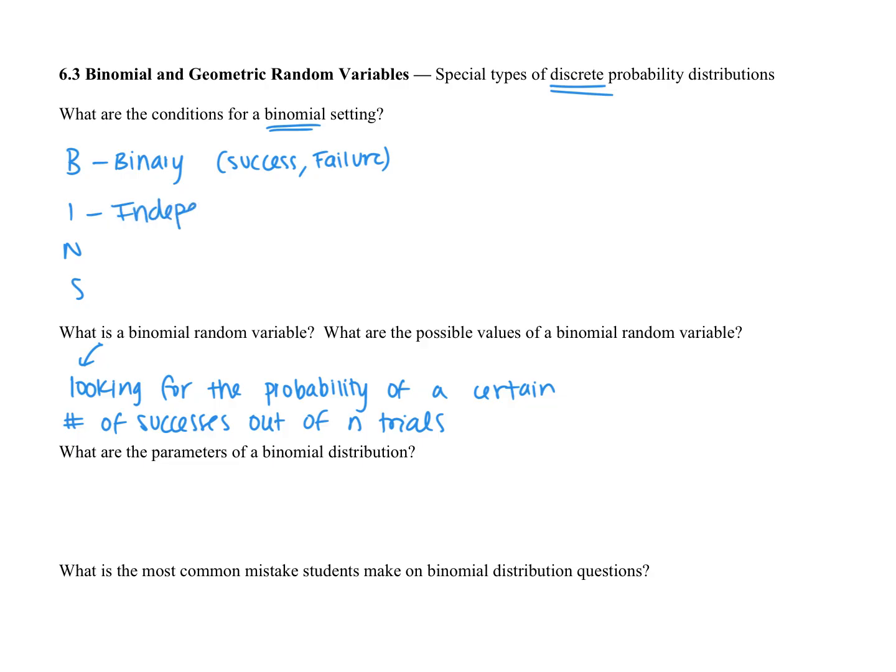Your trials need to be independent. N, this one's a little bit of a stretch. N stands for number of trials. And what I mean by that is it needs to be fixed. And then S stands for same probability of success.